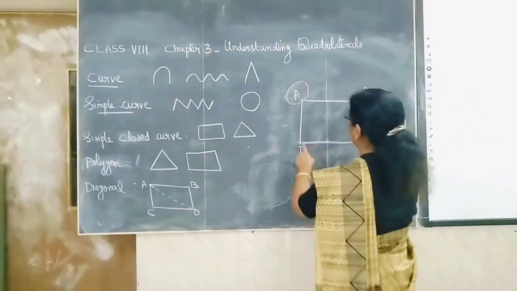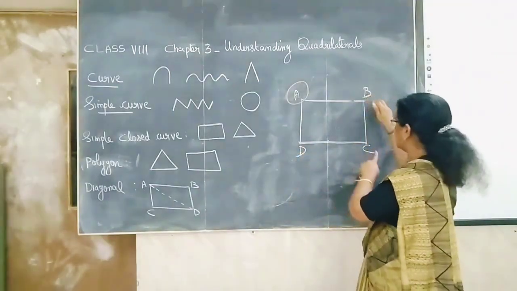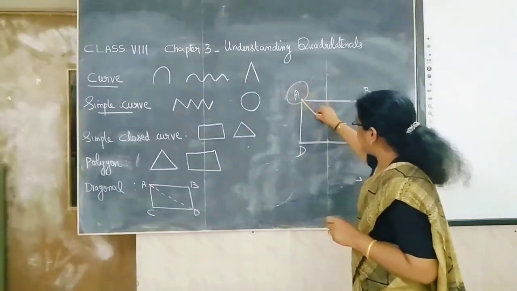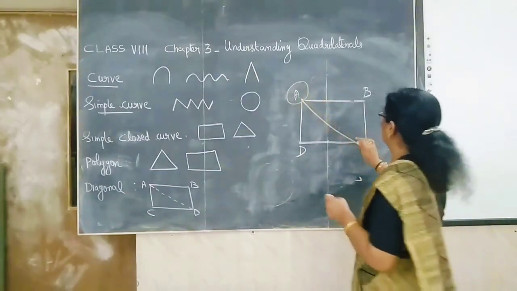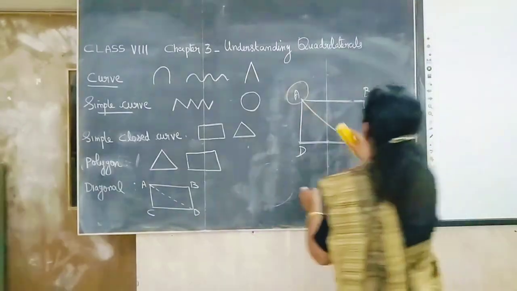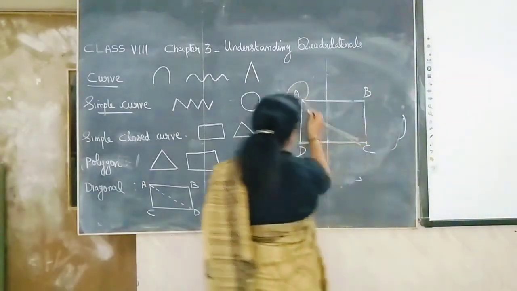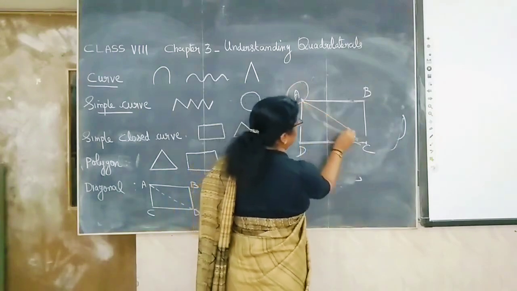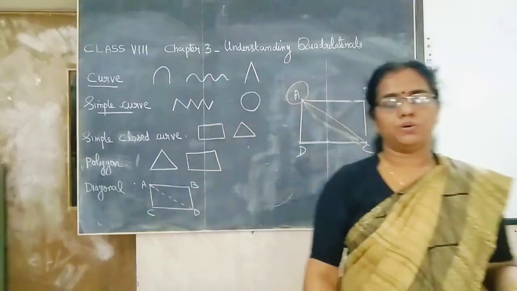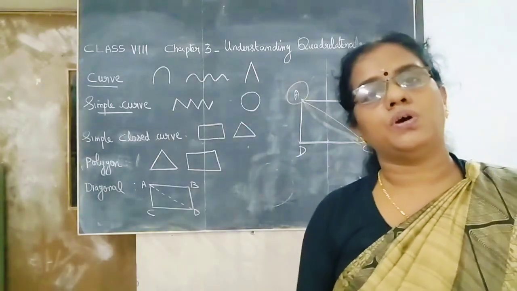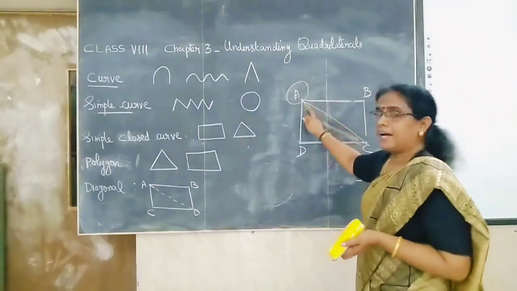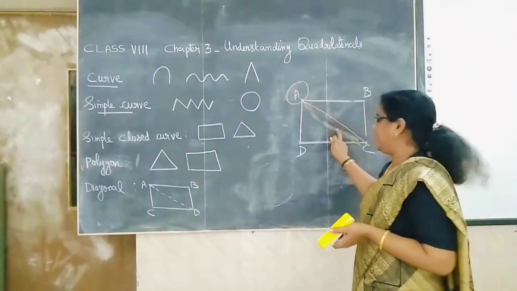Here B and D are consecutive vertices, so the remaining vertex is C. So we can draw the diagonal from A to C. That is, a diagonal we can draw by connecting two non-consecutive vertices. From A I can draw only one diagonal.